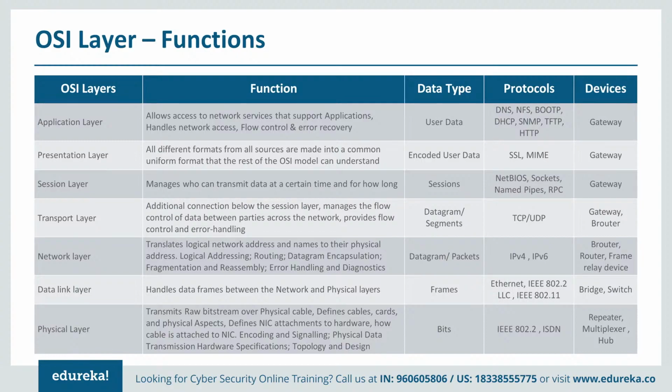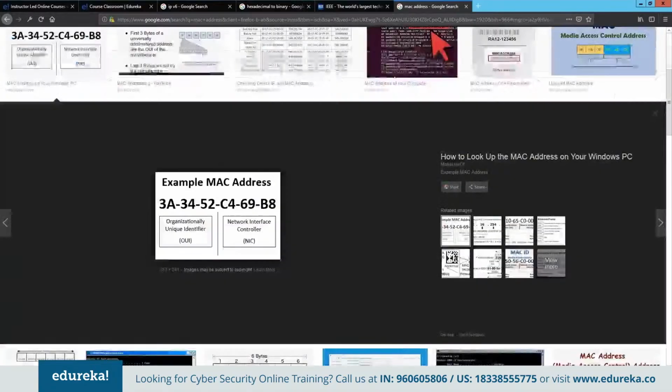So the physical address, the MAC address, is created while manufacturing the device and is hardware built. There are multiple capacitors which will be burned down when manufacturing. This is how the MAC address looks like: 3A, 34, 352, 6C4, 69. These MAC addresses are embedded on the network device.